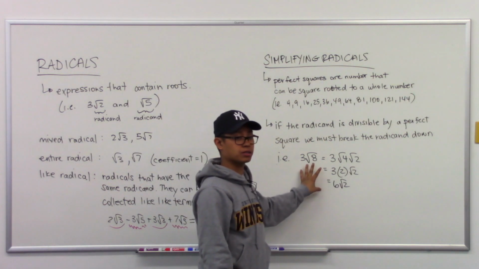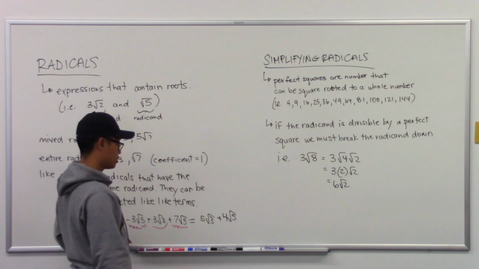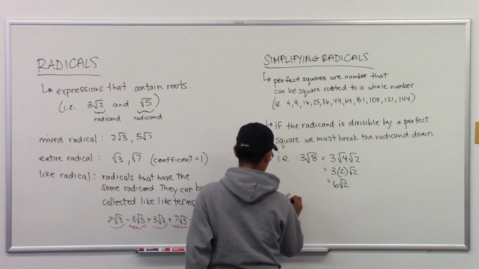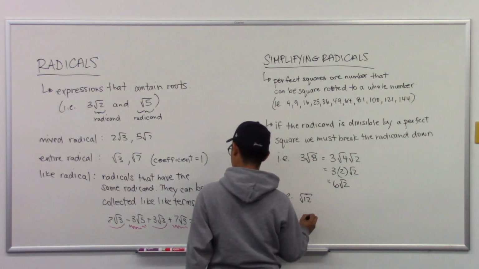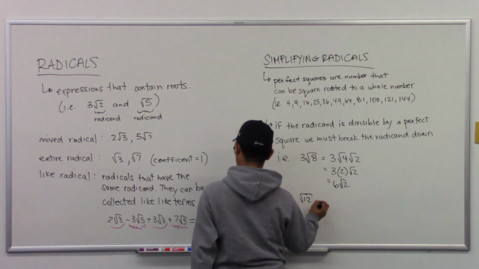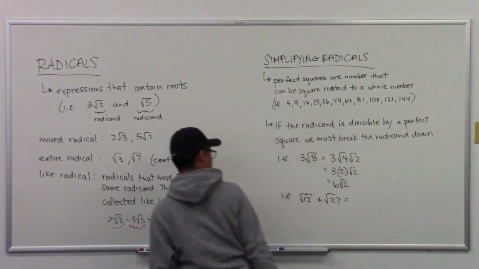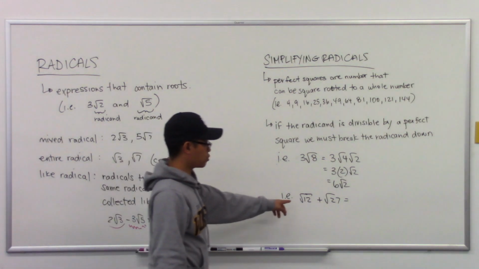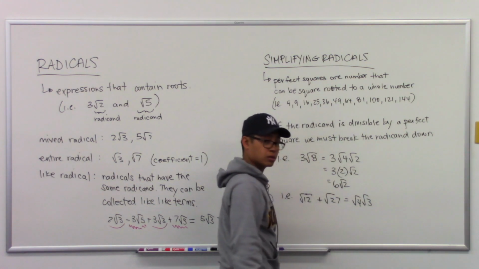Sometimes you have to do this in order to break these down. Because if I had given you root 12, this 12 can be written as root 4 times root 3.